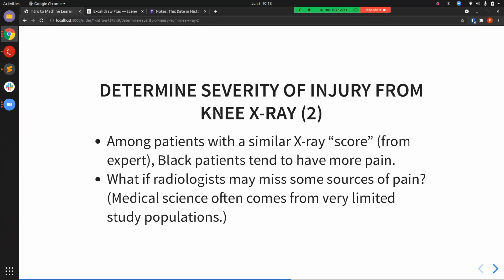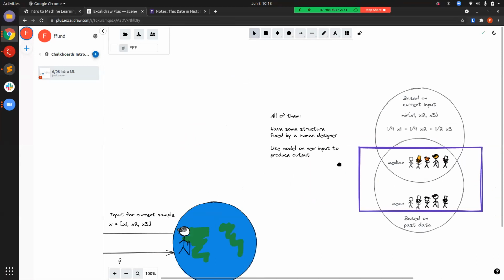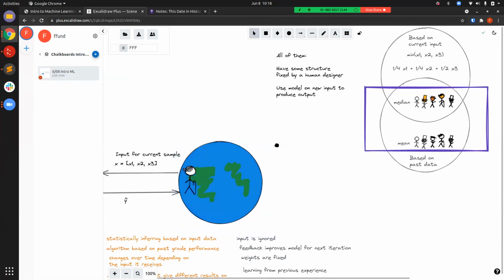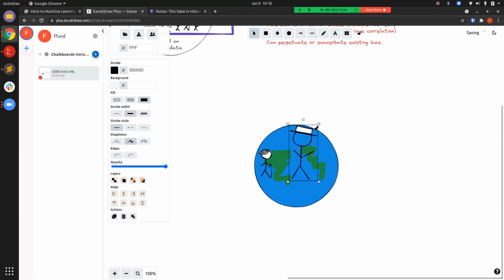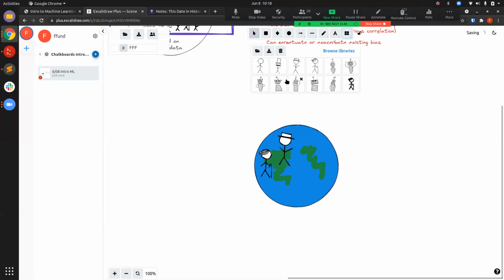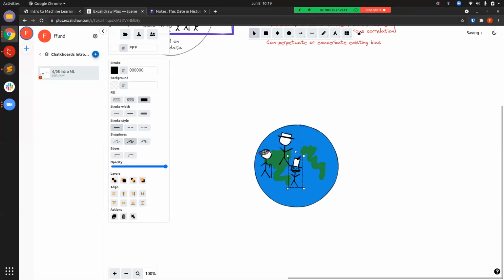And those populations may have been, let's say, not necessarily representative of all kinds of knee injuries. What we're saying is that among the entire world of people with knee injuries, let's draw this. Okay, so we have a world of people with knee injuries. And maybe some of these people over here.